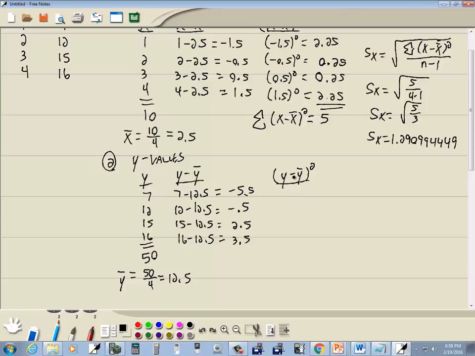Then we're going to square that column. That'll give us our y minus y bar squared. So we have negative 5.5 squared, negative 0.5 squared, which is 0.25 from up above, 2.5 squared, which I think is 6.25, I'll double check that, and we'll have 3.5 squared.